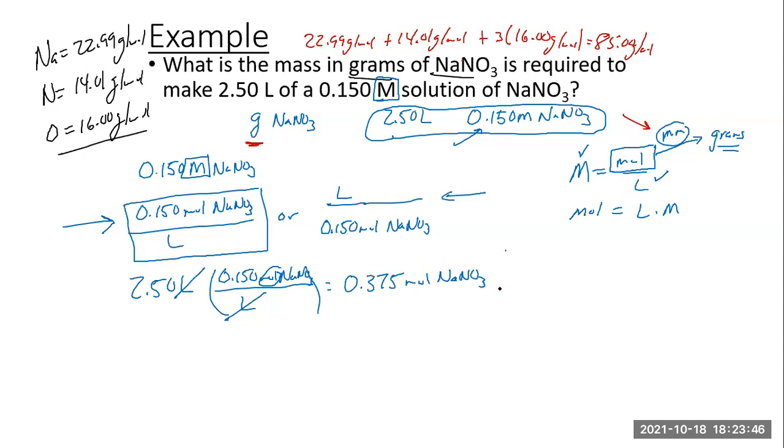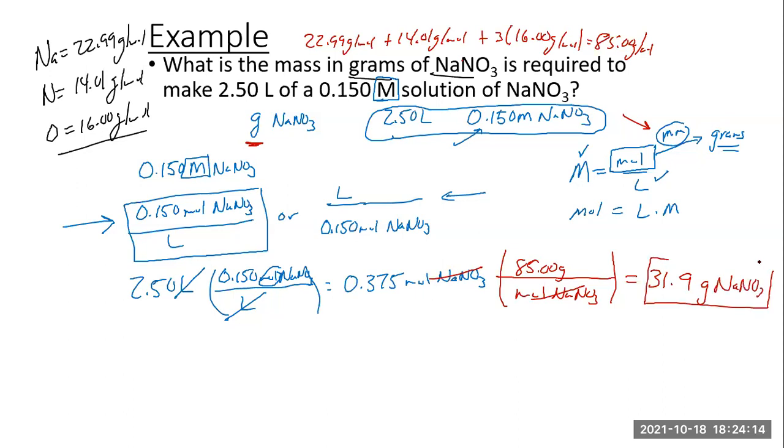We will use that to finish out this problem and get into the proper units. That would be 85 grams on top per mole of sodium nitrate. Moles will cancel. 0.375 times 85, and we end up with, we'll call it, 31.9 grams of sodium nitrate. Any questions on any of those steps?